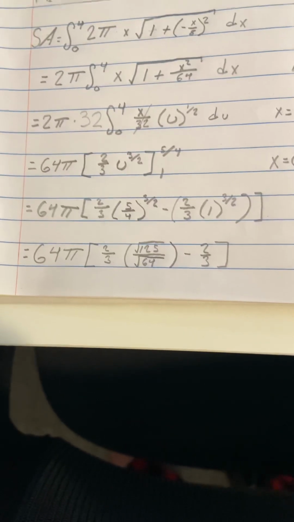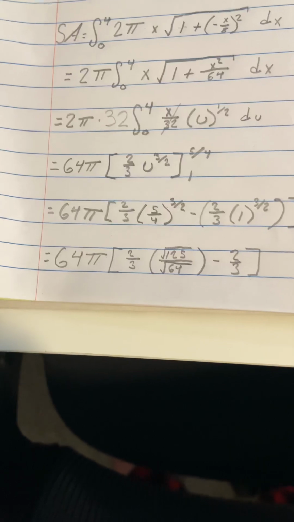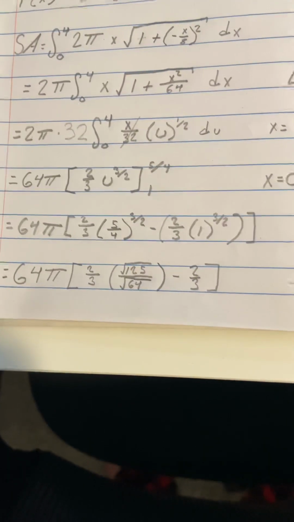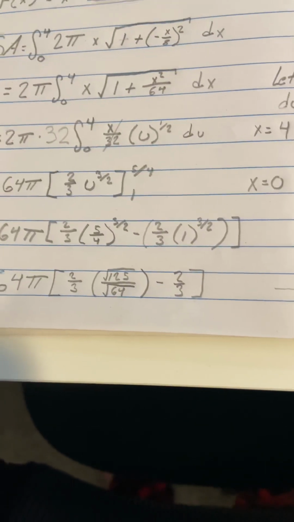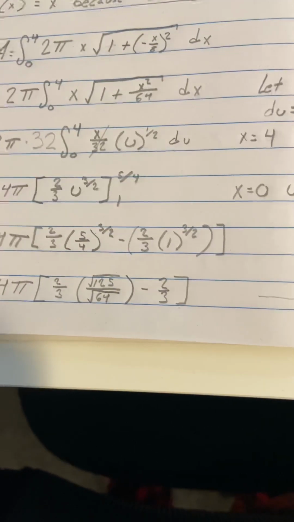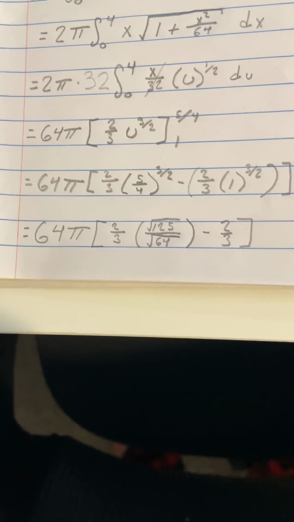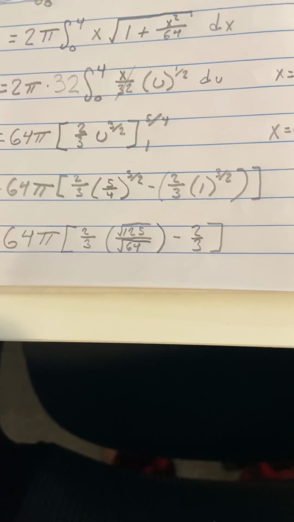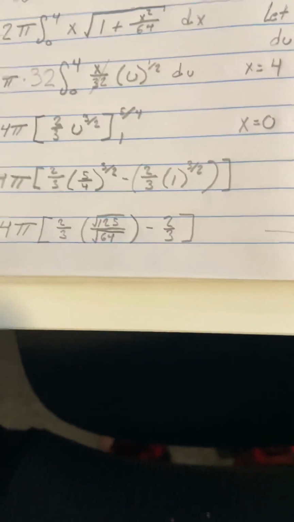Then I used the fundamental theorem of calculus, which gave 64 pi times 2/3 times 5/4 to the 3/2 minus 2/3 times 1 to the 3/2. That equaled 64 pi times 2/3 times the square root of 125 over the square root of 64, minus 2/3.